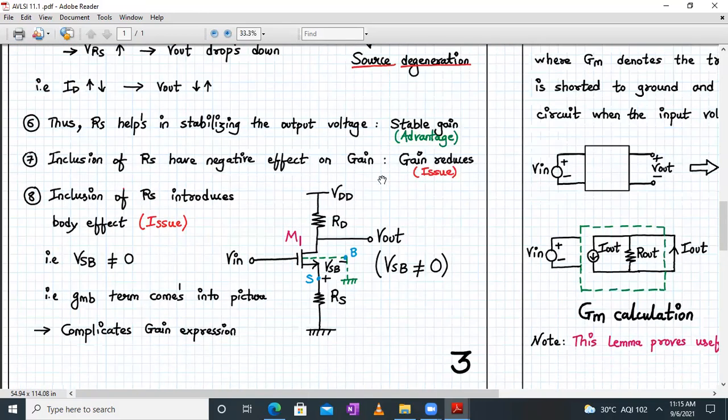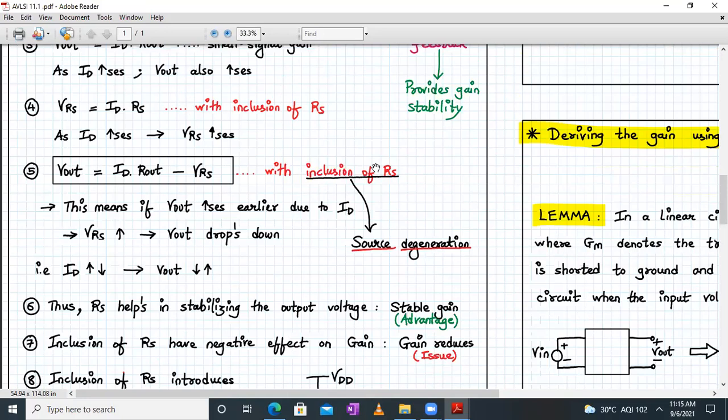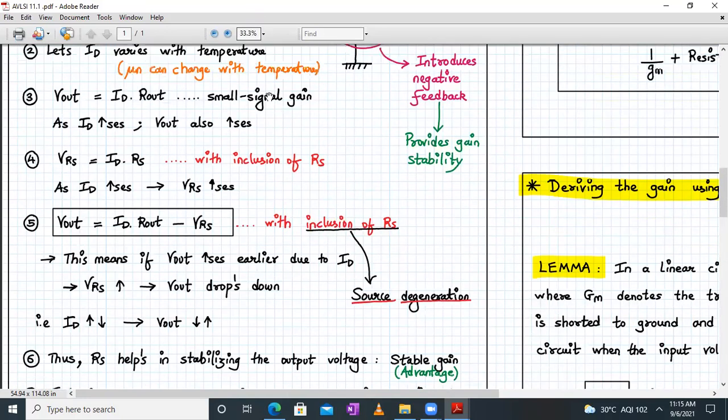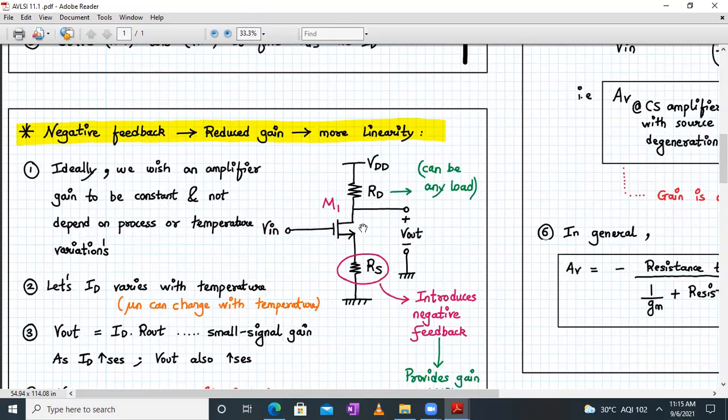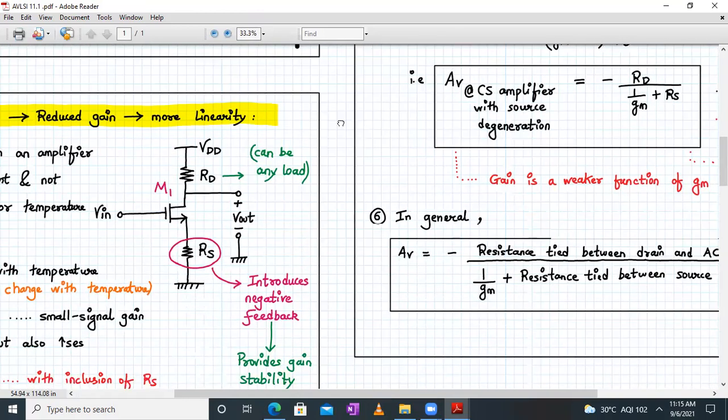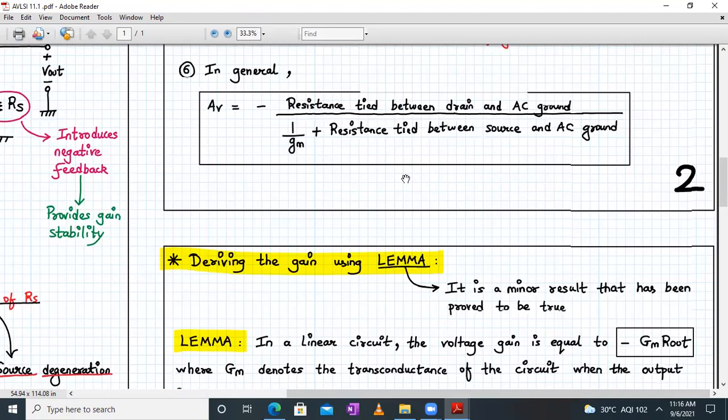I hope this is understood now, what really happens when we have a negative feedback in a common source amplifier with source degeneration. We have a reduced gain, but a more linear gain. So let's move on to the next topic now.